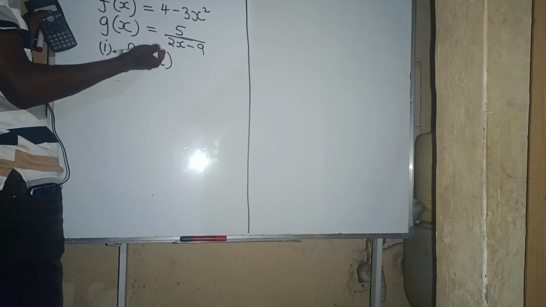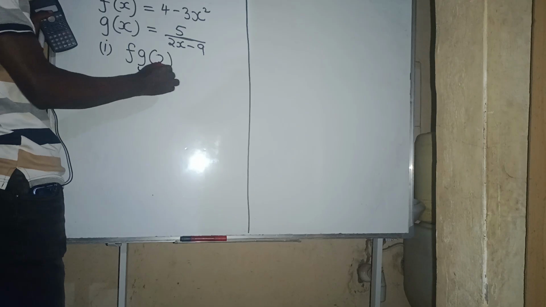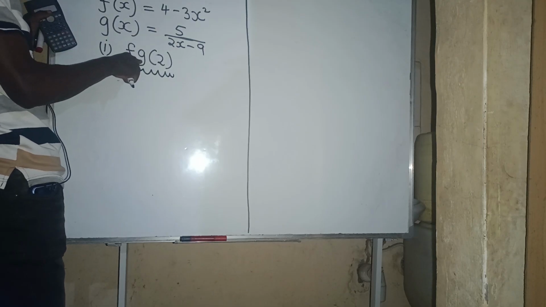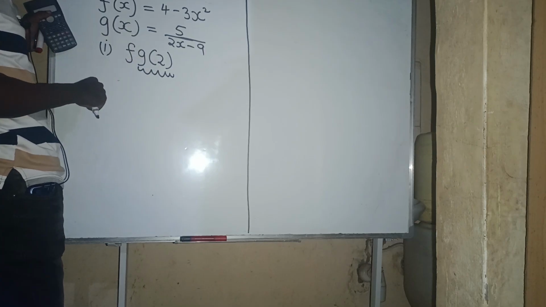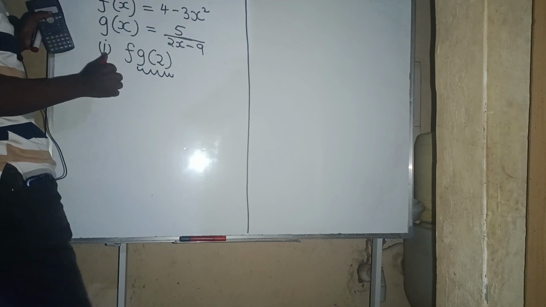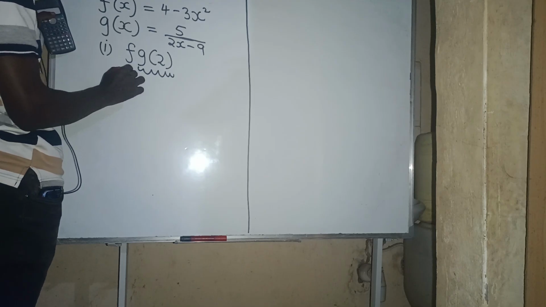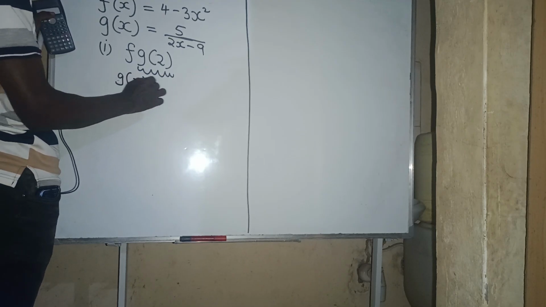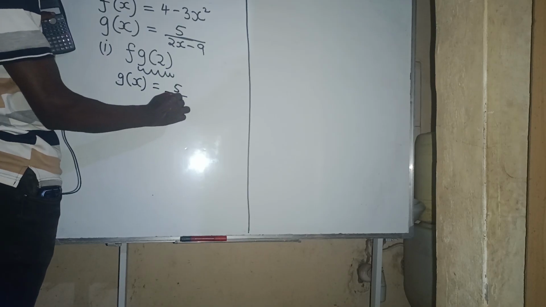You don't even need to struggle so much with this question. First, get g(2), the answer to the function g where the value of x is 2. That's the hint behind the question. So just pick the function g: g(x) is equal to 5 over 2x minus 9.